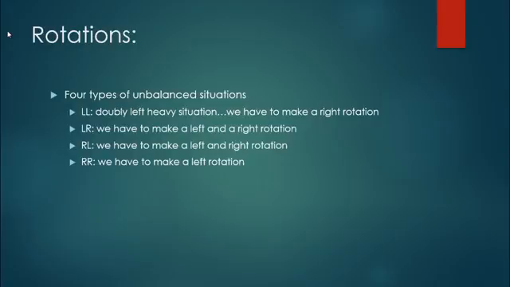We have the situation when there's an unbalanced situation that is right heavy followed by a left heavy situation. Then we have to make both left and right rotations, and of course we have the situation when both of the situations are right heavy, and then we have to make a left rotation.